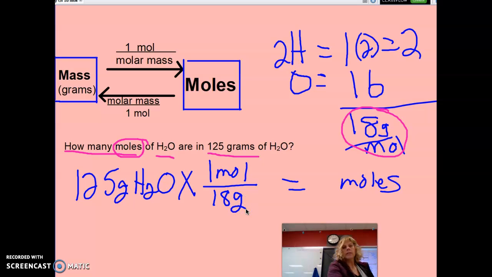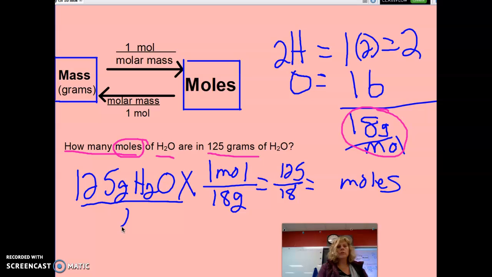Boom. Just to remind you, the 125 is a whole number, so it's like a fraction over 1. I'm going to take 125 divided by 18 in my handy dandy calculator. 6.94. I'm just going to go 6.9. And there's 6.9 moles of H2O in 125 grams.